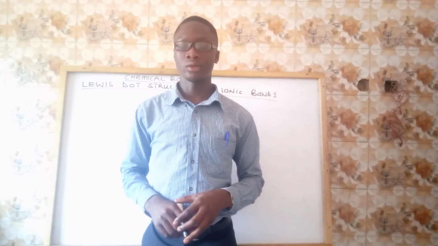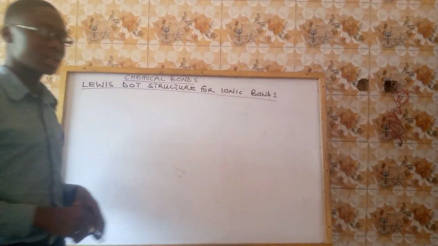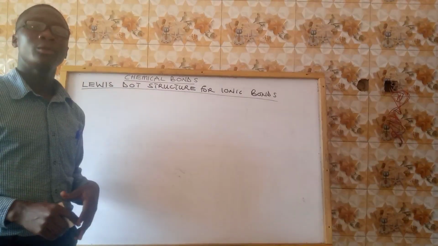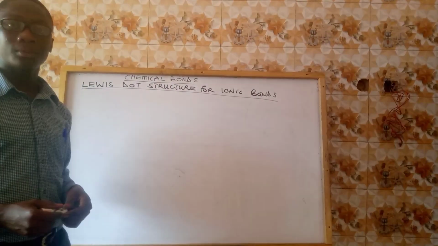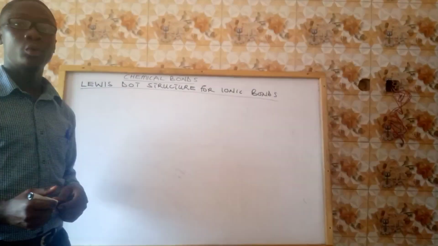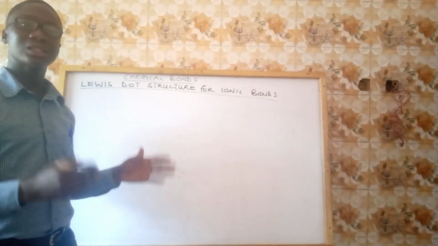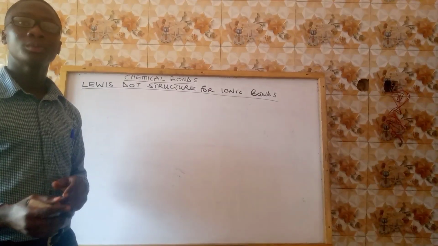You'll be learning the Lewis dot structure of ionic bonds. So now for the Lewis dot structure, you'll be learning about the same topic that you learned last time, ionic bonds. And we learned that ionic bonds are formed between a metal and a non-metal.